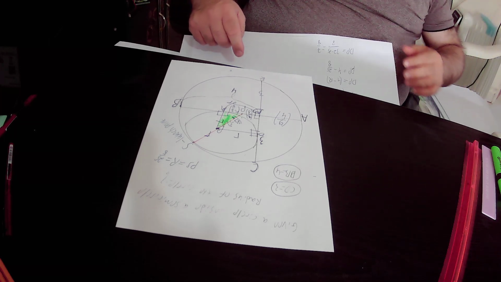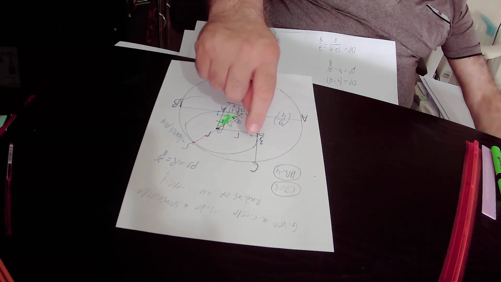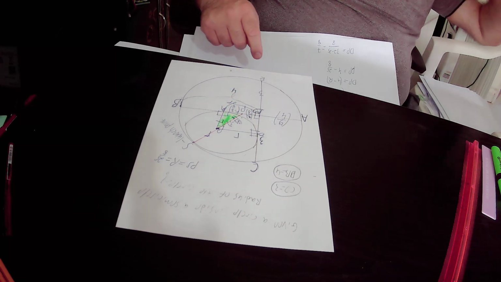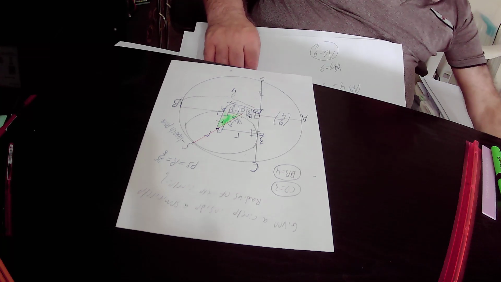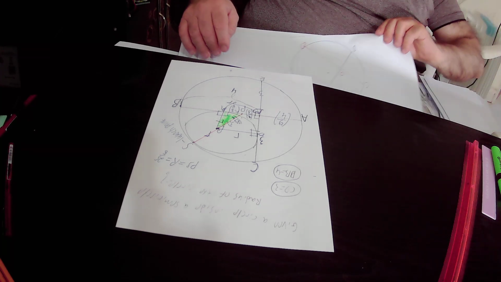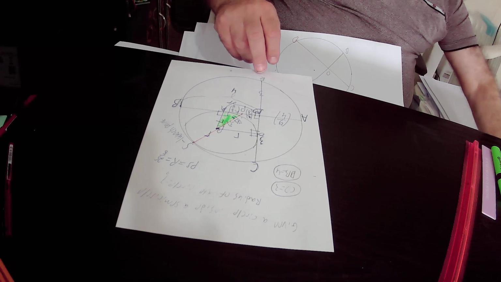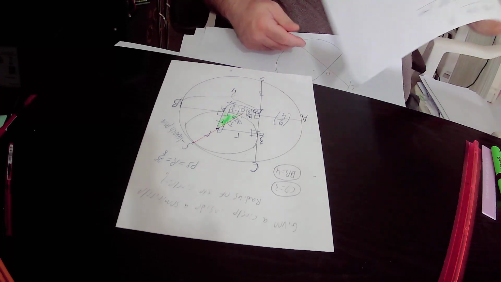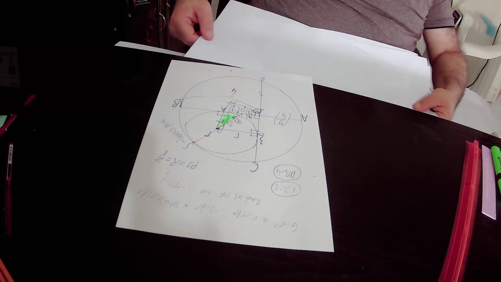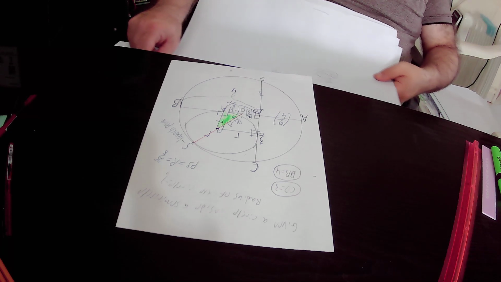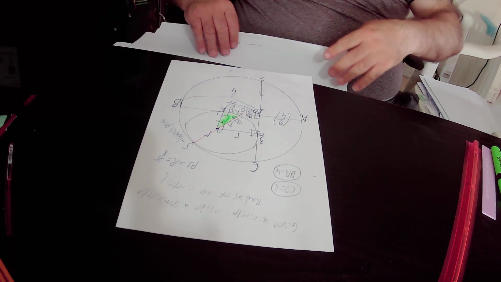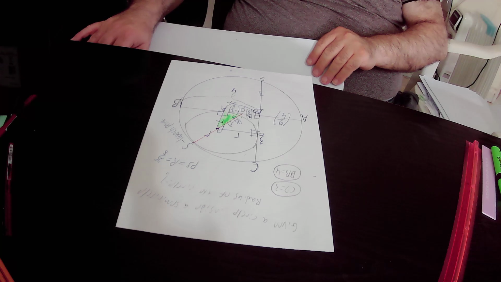Okay? And then we extended the straight line CD by a straight line, and we defined the touching point of the extended straight line CD on the circle as point E. Because we extended the straight line CD by a straight line, the result must be a straight line.